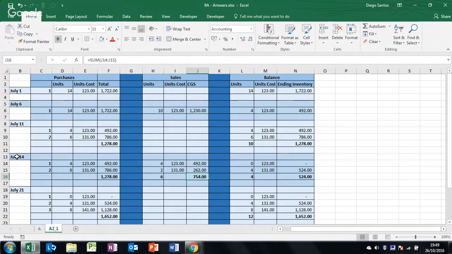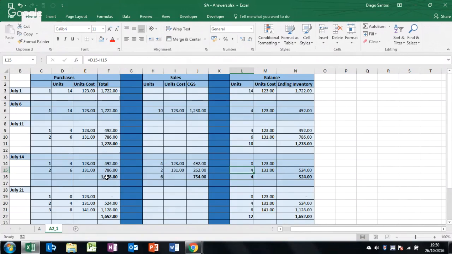That means that in July 14, our cost of goods sold will be 754. And our end inventory will be 524. Basically, we are multiplying the unit cost that we have per each range of price by the amount of units that we have.